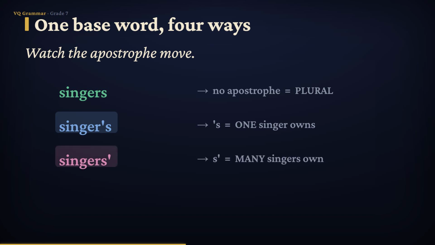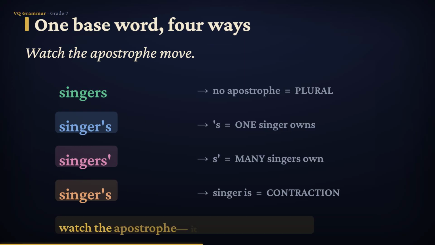Then, singers', with the S first and the apostrophe after it, means many singers own something. And finally, singer's again, but this time it's a contraction, short for singer is. Look how much that tiny apostrophe is doing. Watch the apostrophe because it decides the meaning every single time.